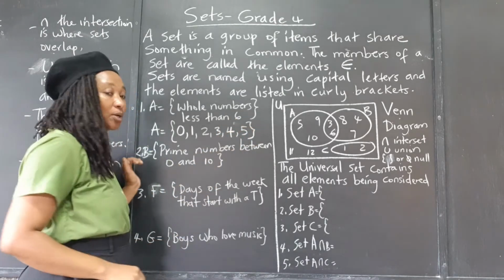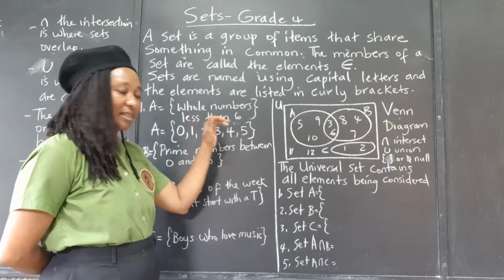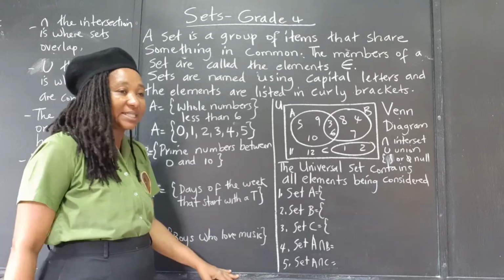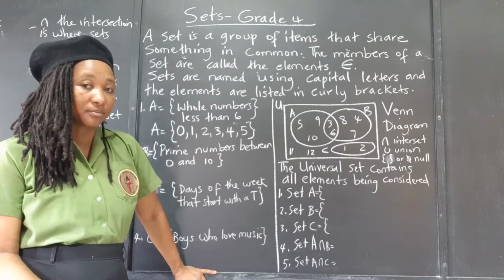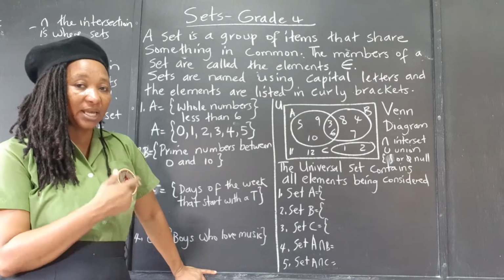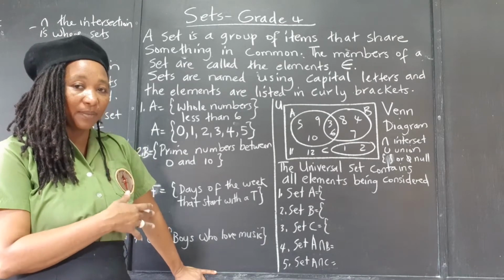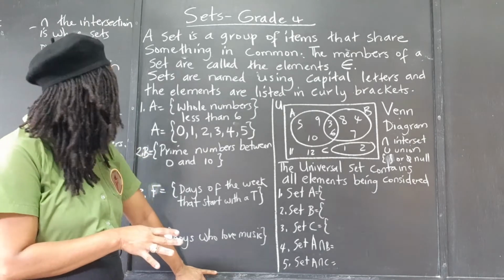We do not include 6 because it says less than 6. If it had said less than or equal to 6, then we would put 6 in the mix as an element. But just less than 6, 6 is not included.